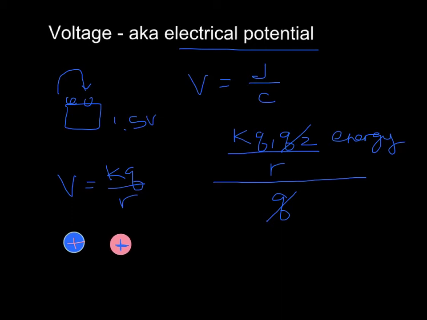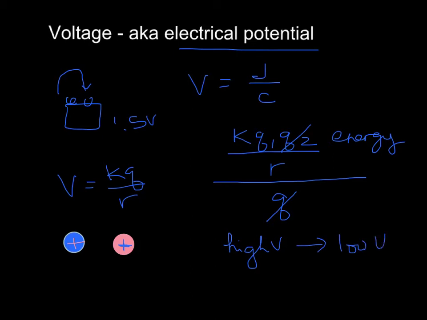Because I have more potential energy here when I'm closer and less potential energy over here when I'm further away. And so a positive charge is always going to move from an area of high voltage to an area of low voltage.